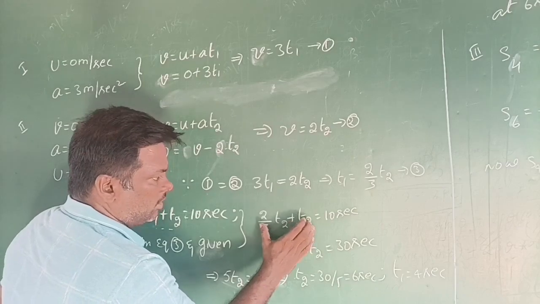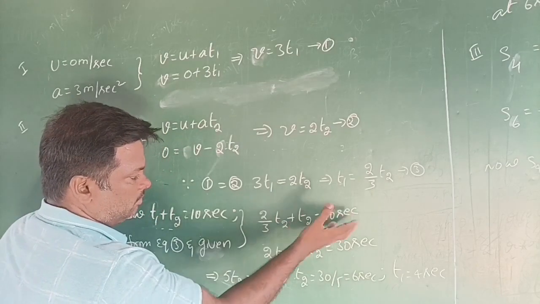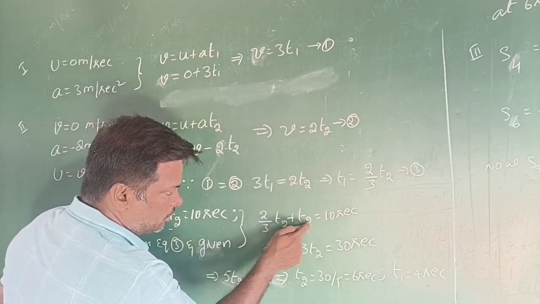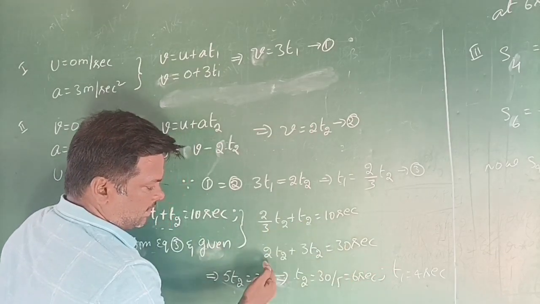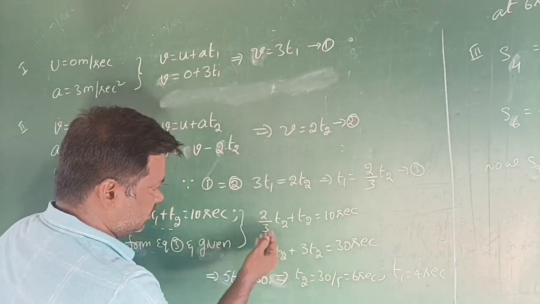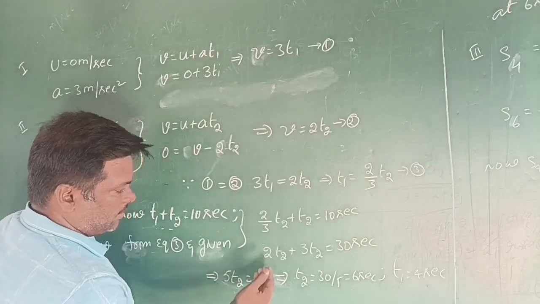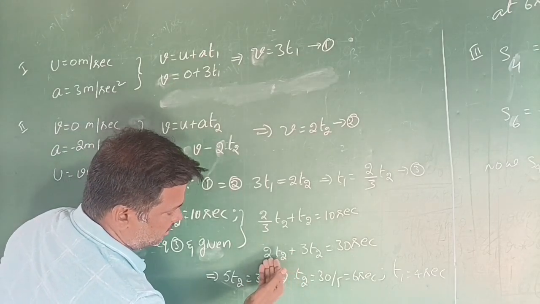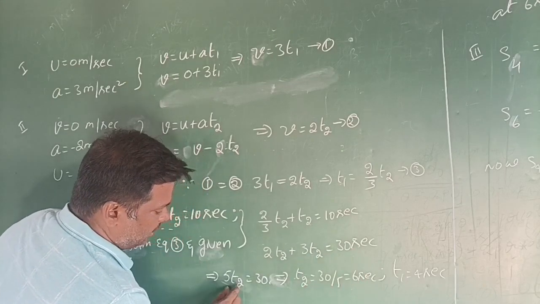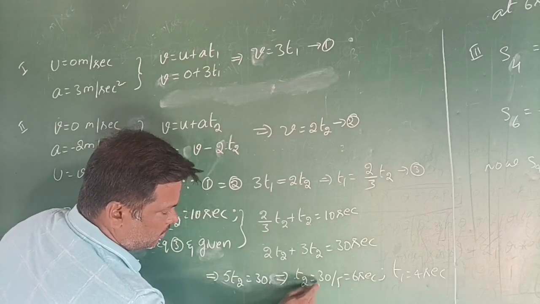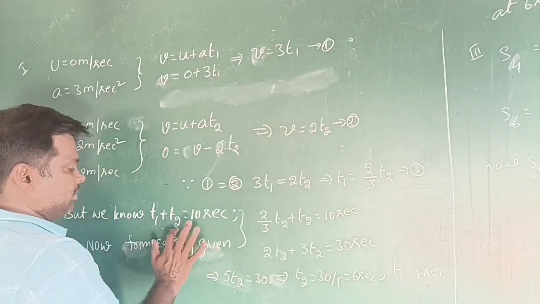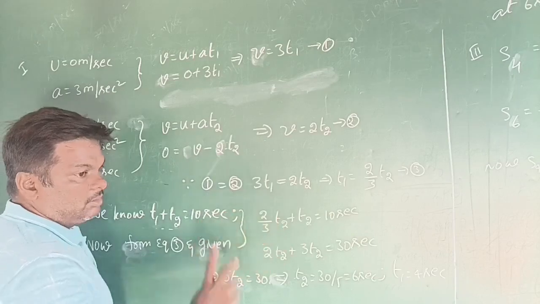Multiply with 3 on both sides, then the 3 cancels the denominator. 2t2 plus 3t2 is equal to 30 seconds. 5t2 is equal to 30, t2 is equal to 30 divided by 5, that is equal to 6 seconds. When t2 is equal to 6 seconds, t1 is equal to 4 seconds.